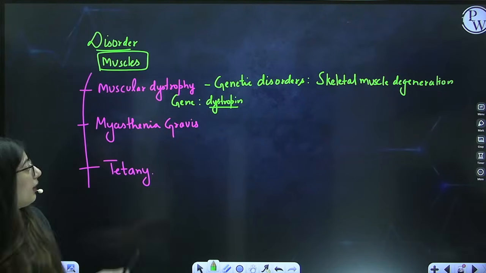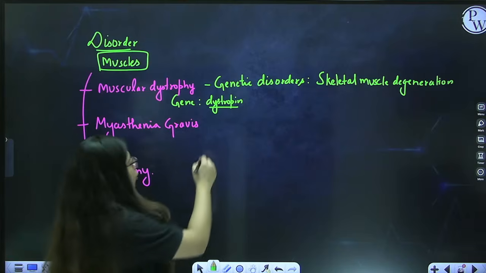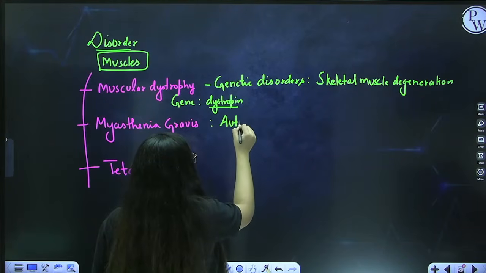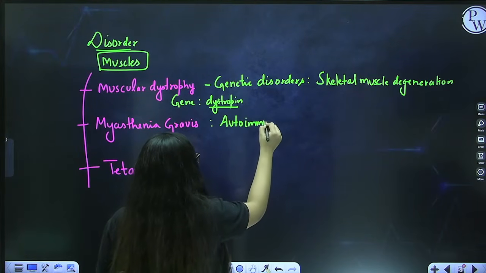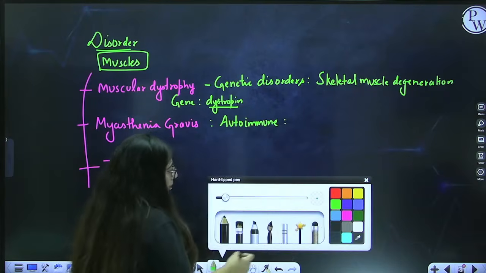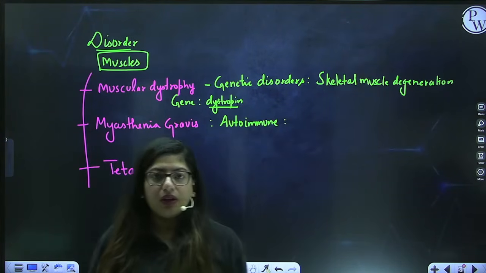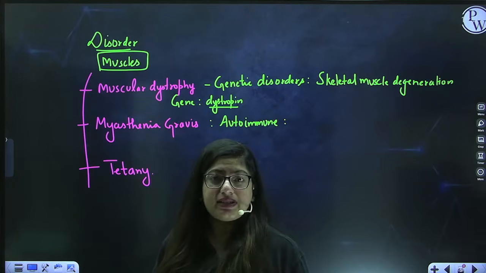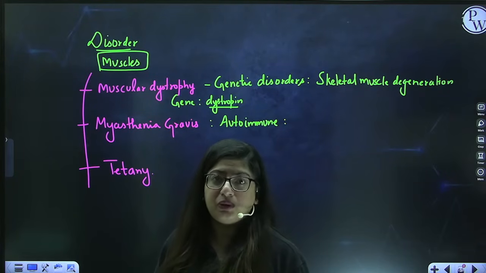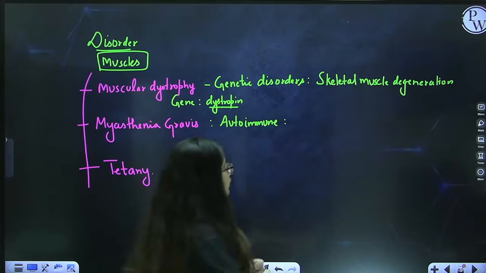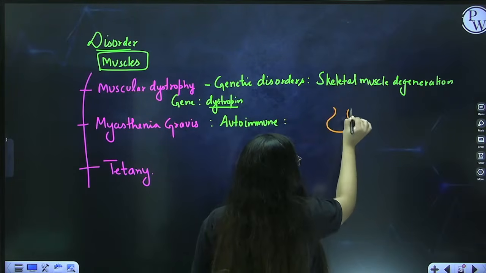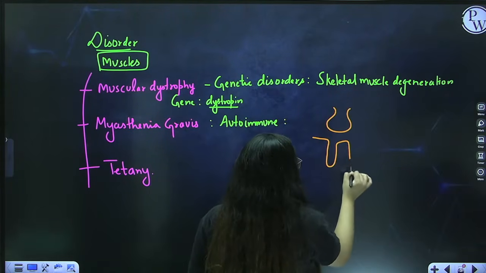Now, myasthenia gravis is an autoimmune disorder. What is an autoimmune disorder? It is a disorder where your own body cells are attacked by your own immunity. Now, which cells? This was a motor neuron and this was your muscle, right?